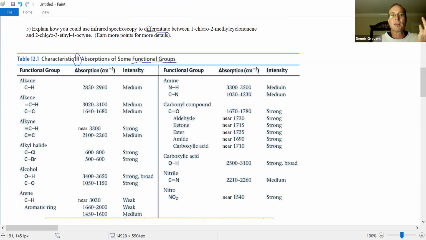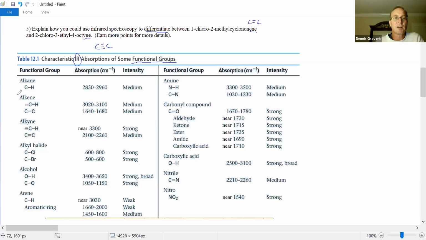Well, they both have chlorine, so that's not going to help. There's an ethyl and a methyl, so that is different, but they're both alkane functional groups. So if you look here, there's no data for a methyl versus ethyl, and so nope, that's not going to help. 9 versus 8, no, that's alkane. So it's really here about the yne, the carbon-carbon triple bond, versus the ene, the carbon-carbon double bond.